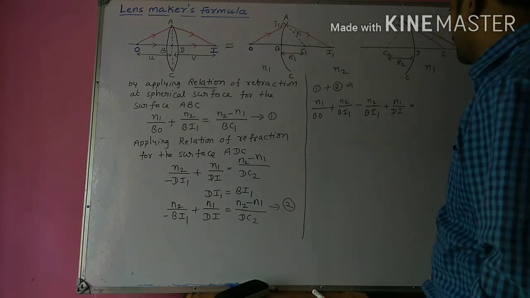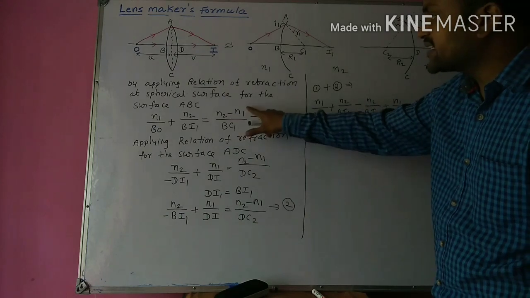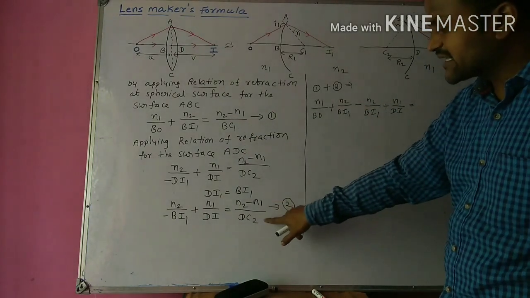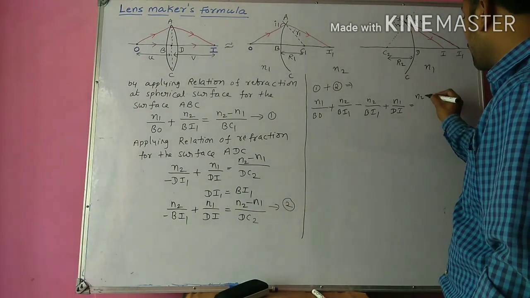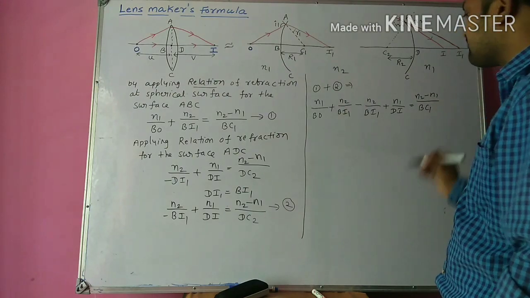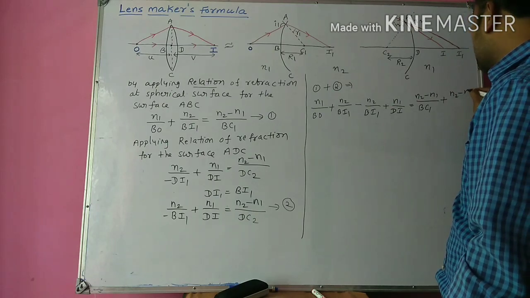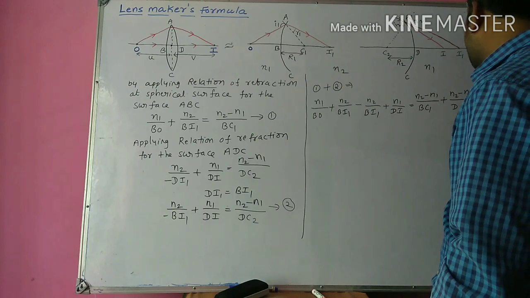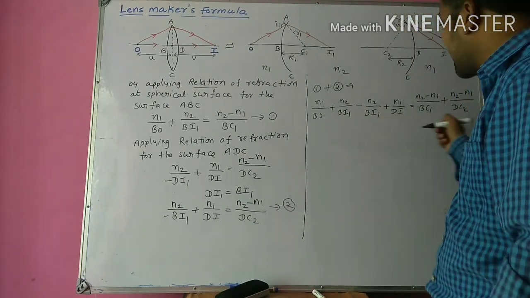That is equal to the right hand side of the first equation, N2 minus N1 by BC1, plus the right hand side of the second equation, N2 minus N1 by DC2. We are adding the first equation and the second equation.